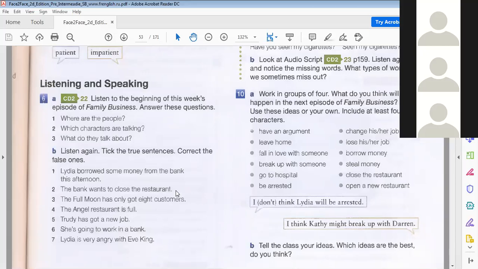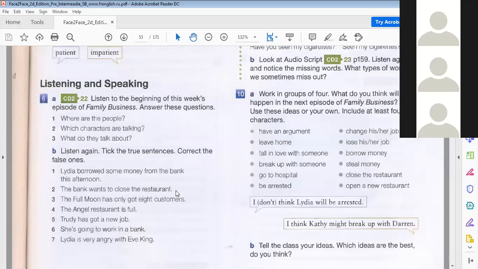False. True. She borrowed money. Did she get the money? Maybe, because she said I want to take some money off the bank. Maybe.